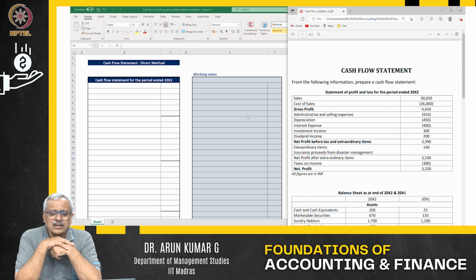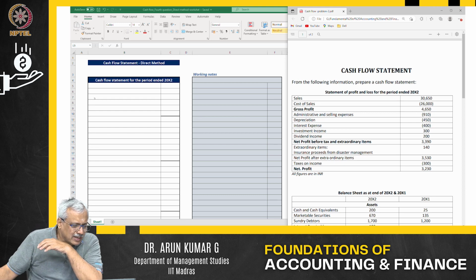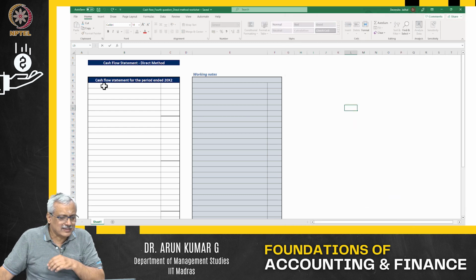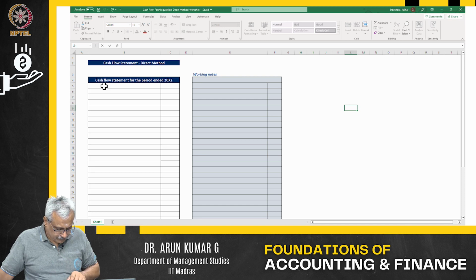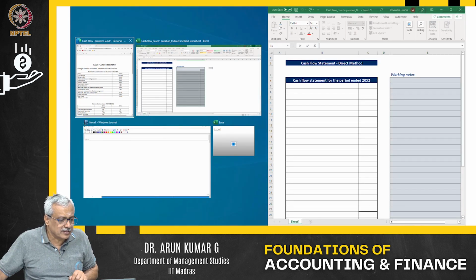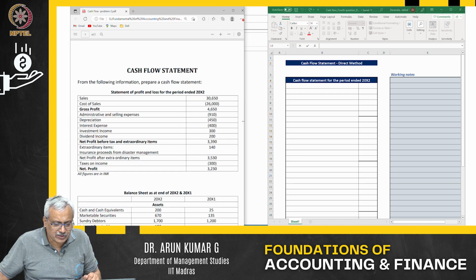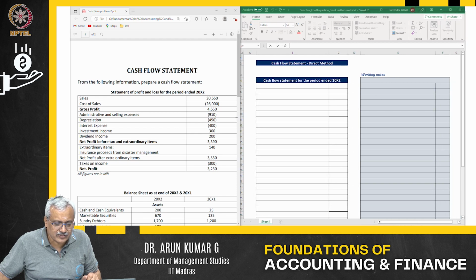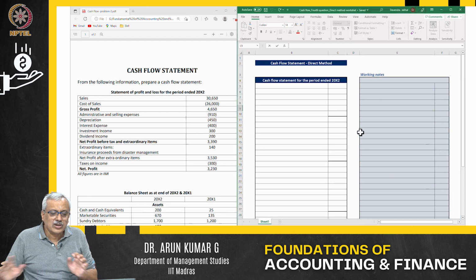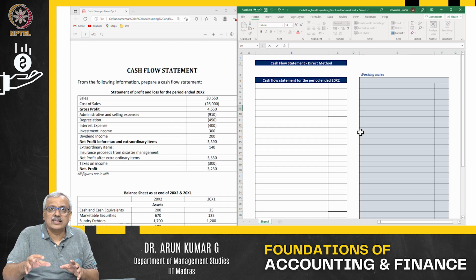Now, let us look at preparing under the direct method. When we prepare under the direct method, we start with cash flow from operations. I am going to use the screen in this way so that you will be able to see both the problem on the left as well as my working.